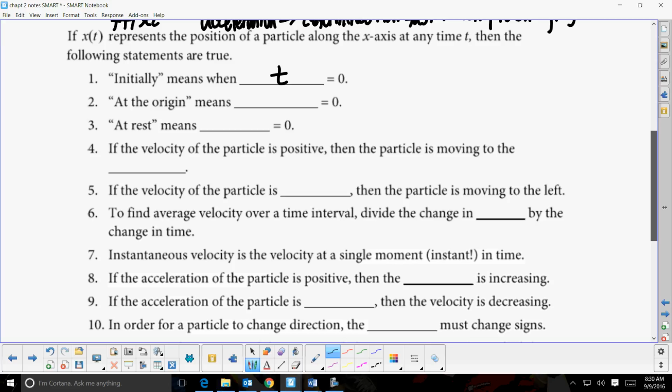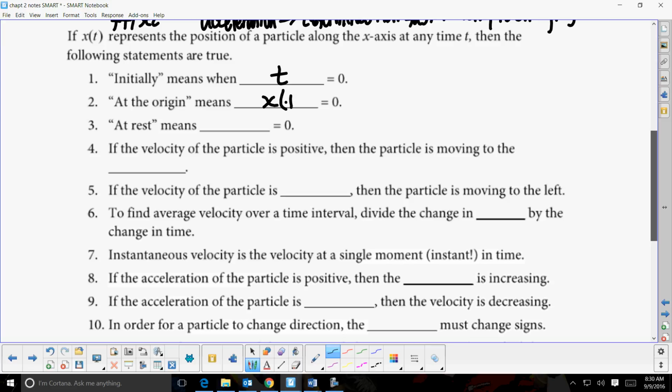Okay, so see if you can do 2 and 3. Okay, so at the origin means where what is 0? X. The position.